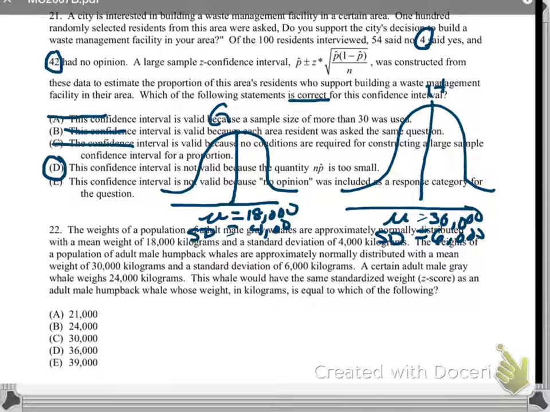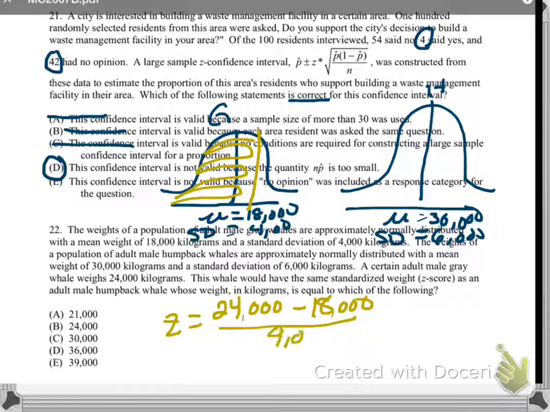Now, what we're going to do, I'm going to change colors here. So what we're going to do is, it says a certain adult male gray weighed 24,000. So 24 is greater than 18. And remember, like that frog problem, it's below, so what I have to do is find the percentage of that area. So I'm going to do my z-score. So z is equal to 24,000, let's just get rid of these thousands, minus 18,000 divided by 4,000.